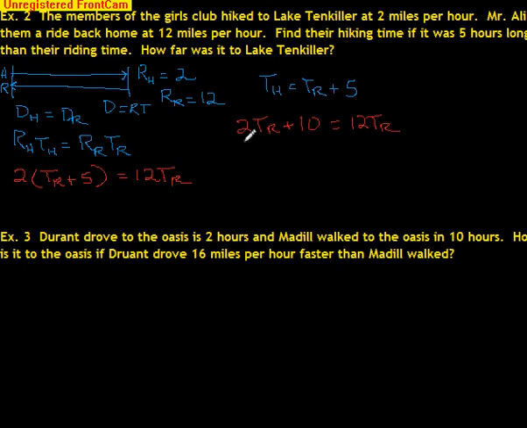I'm going to subtract 2 time of riding from both sides, so I get 10 equals 10 time of riding. And if I divide both sides by 10, I get the time of riding is 1 hour.